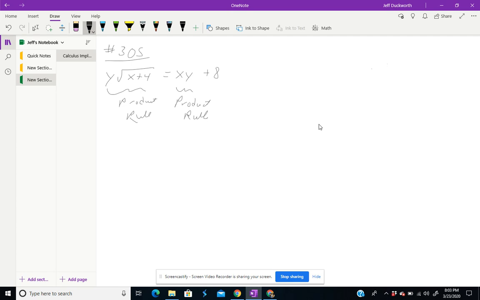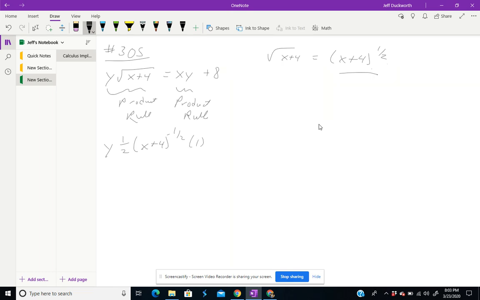So really, when we take the derivative, and remember that root x plus 4 equals x plus 4 to the 1/2 power, I'm going to do this product rule. So first times derivative of the second gives us y times the derivative of this guy here is 1/2 x plus 4 to the negative 1/2 times the derivative of the inside, which is just 1.